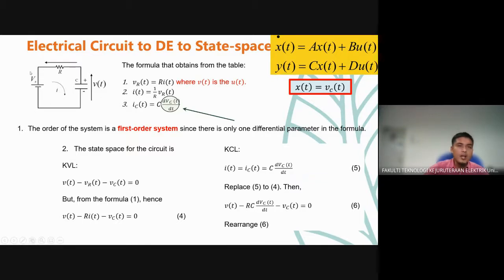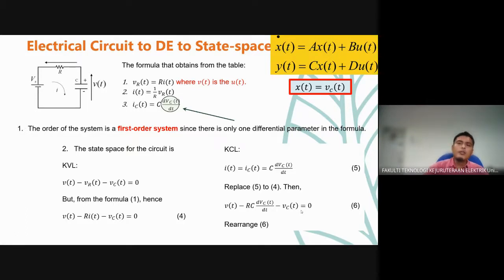From the KCL, we know that IT here is actually the same current that crosses the capacitor. So based on this equation, ICT is also equal to C dVCT over dt. Alright, so we replace 5 into 4, then we get Vt equal to minus RC dVCT over dt minus VCT. So this is the step, how we want to solve it.